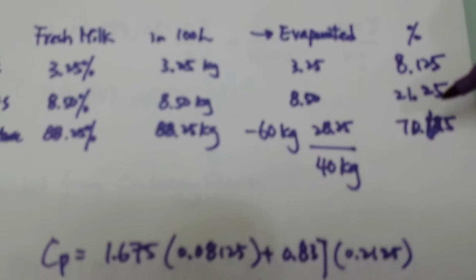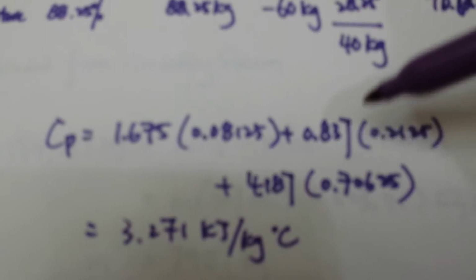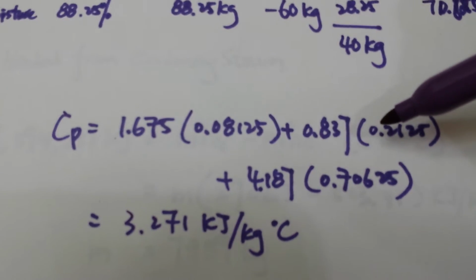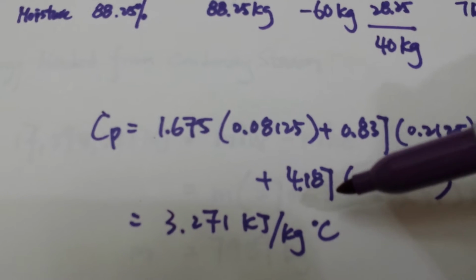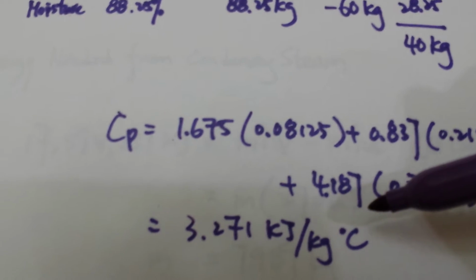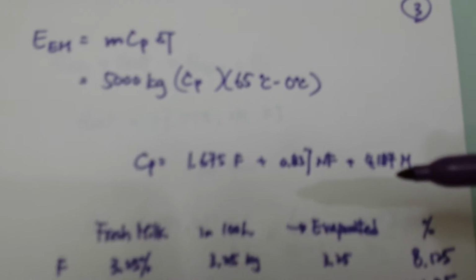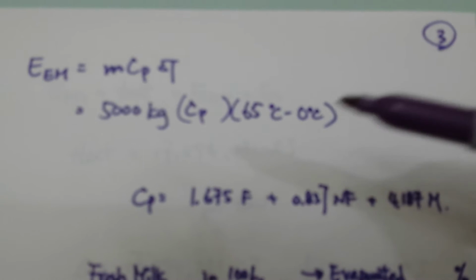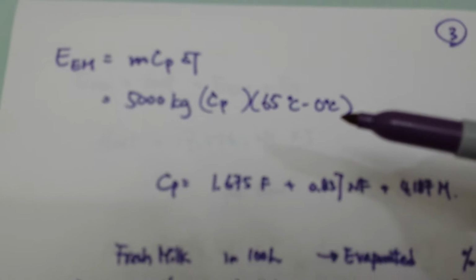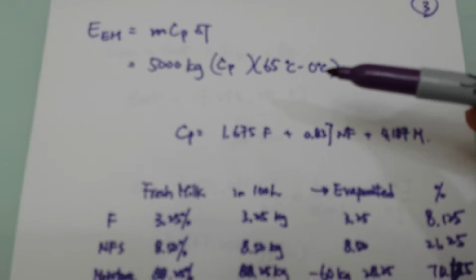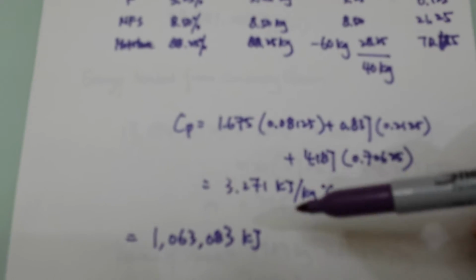Plugging these percentages as decimals back into this equation that we've used a couple of times already, we can get the heating capacity of the evaporated milk. Then plugging it back into this equation here, we know the energy in our evaporated milk is this.